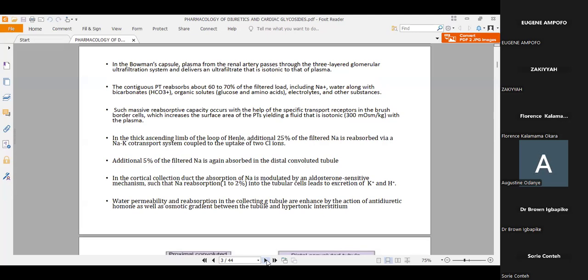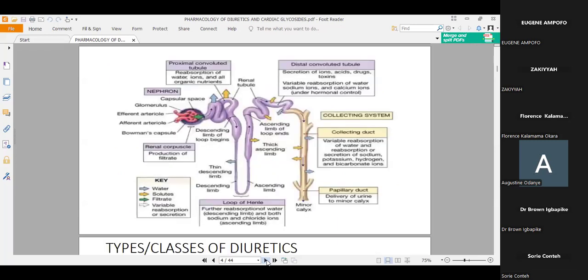Then in the cortical collection ducts, the reabsorption of sodium is modulated by an aldosterone-sensitive mechanism, such that sodium reabsorption into the tubular cells leads to excretion of potassium, water, and hydrogen ion. Water permeability and reabsorption in the collecting tubule are enhanced by the action of antidiuretic hormone, as well as osmotic gradients between the tubule and hypertonic interstitium.